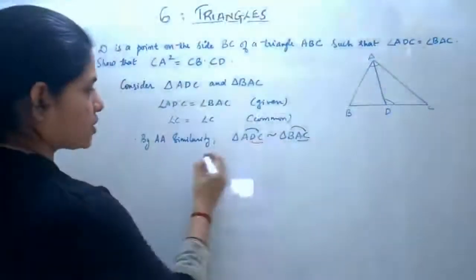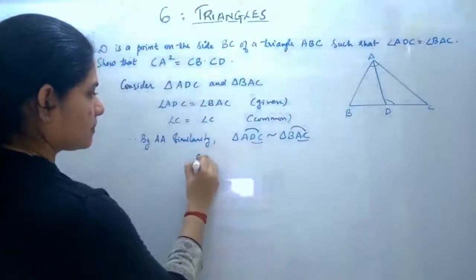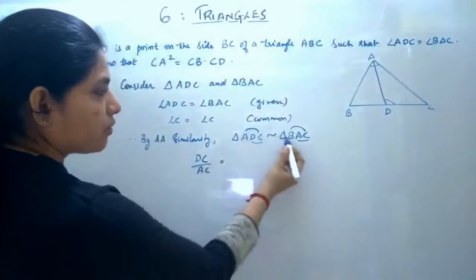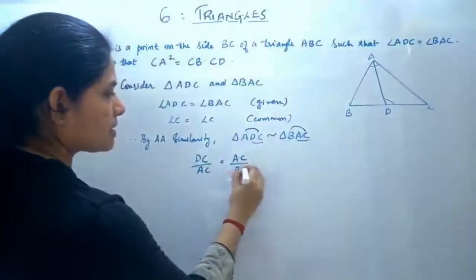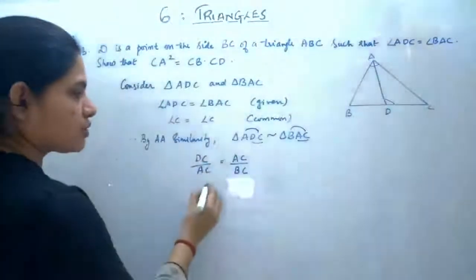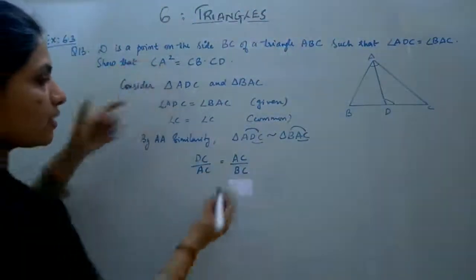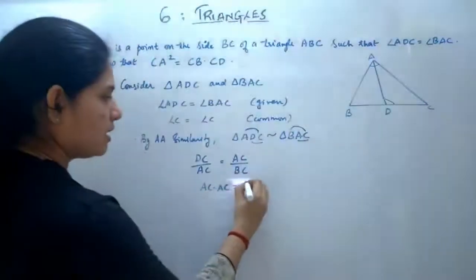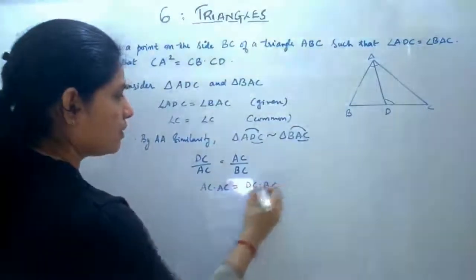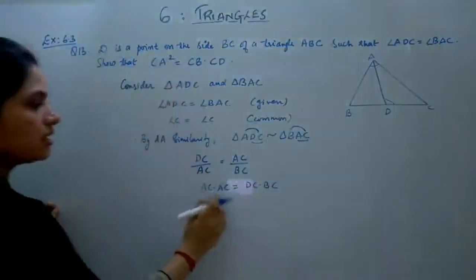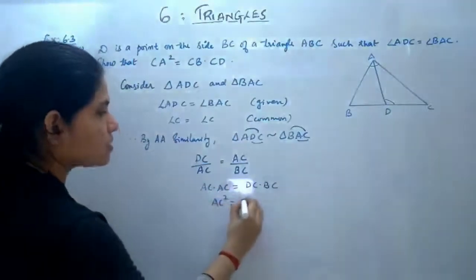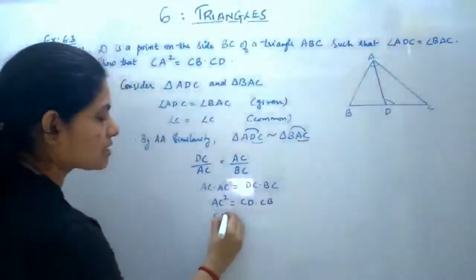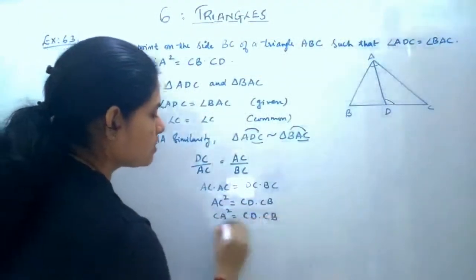So we take the ratio DC by AC is equal to AC by BC. Now we cross multiply, and we get AC into AC, which is CA into CA, equal to DC into BC. Accordingly, we can adjust it: AC square, or CA square, is equal to CD into CB.